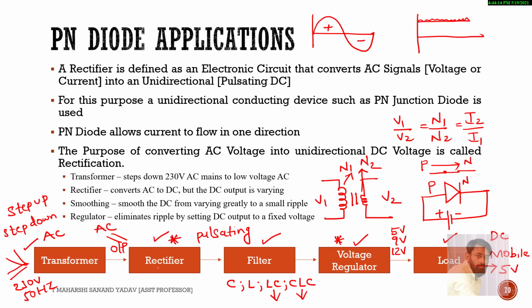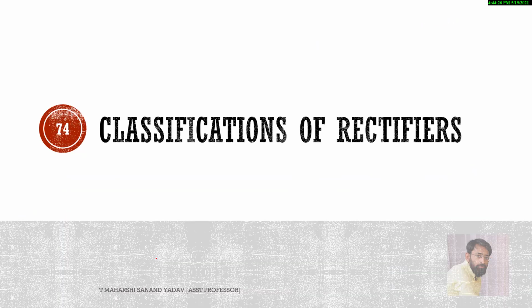Now we shall see what the different types of rectifiers are. Coming to the classification of rectifiers, as we already saw, a rectifier is something which converts AC to pulsating DC.